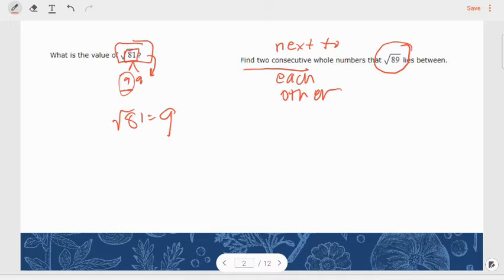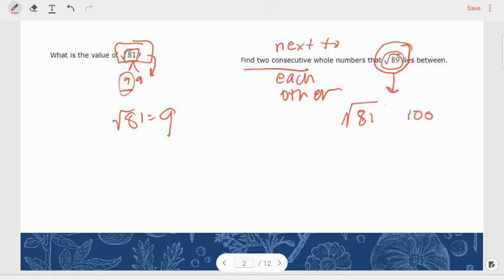One's definitely faster than the other, but I'm going to show you both. I'm going to think of some perfect squares that are close to 89. Now I know 81 is a perfect square, and I know 100 is a perfect square.